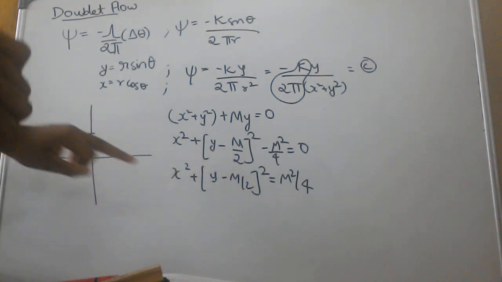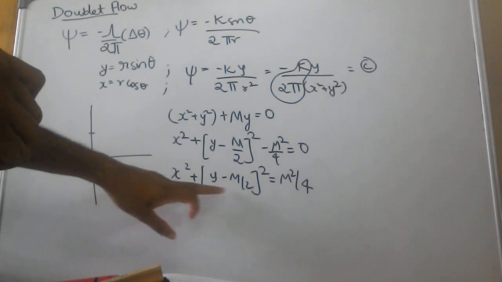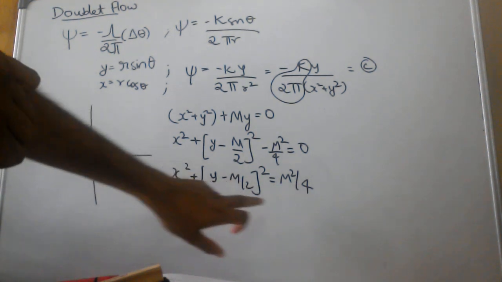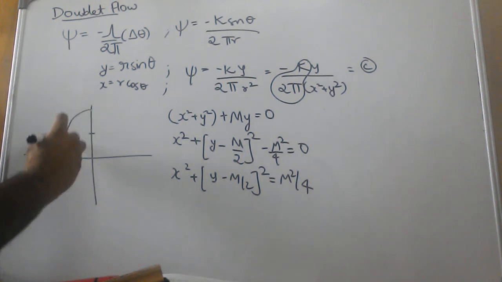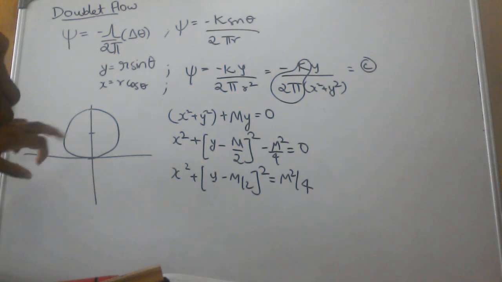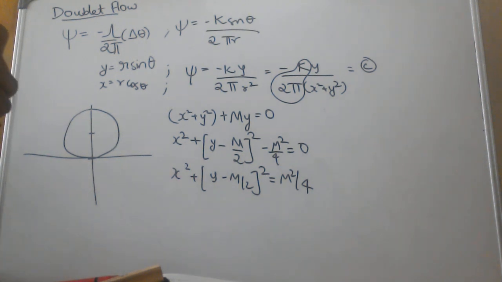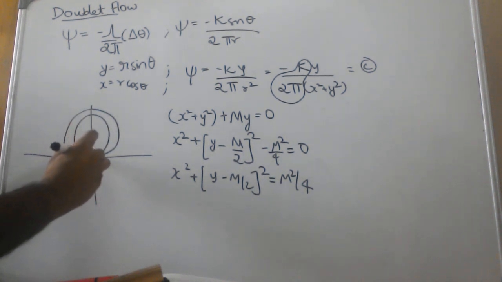The circle passes through the origin. As you can see, if I set x and y to be 0, it satisfies the equation, m squared by 4 equals m squared by 4. Hence what I will get is a circle that passes through the origin, centered at the point 0 comma m by 2 and of radius m by 2. So as I vary the value of m, I will essentially get different circles, all of which pass through the origin.